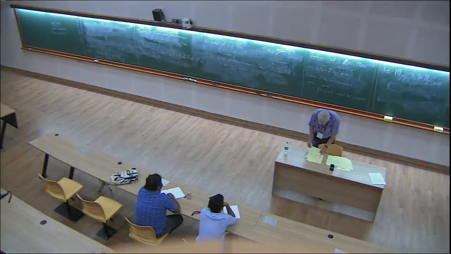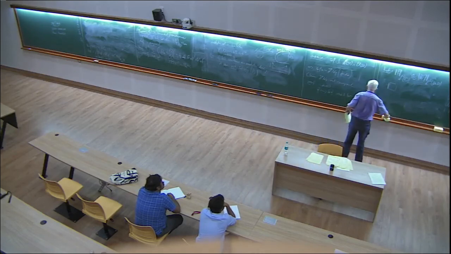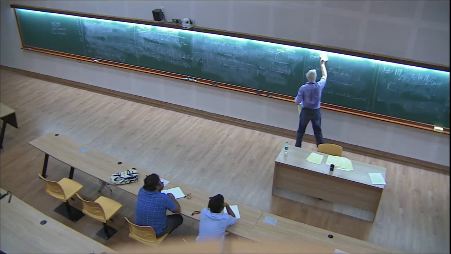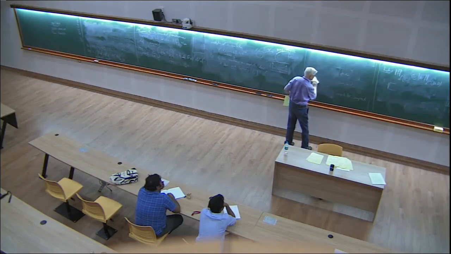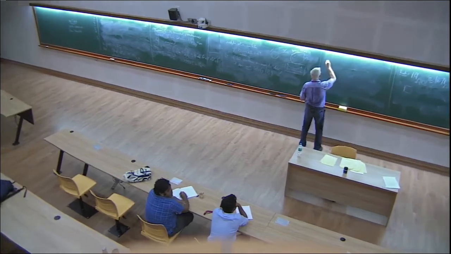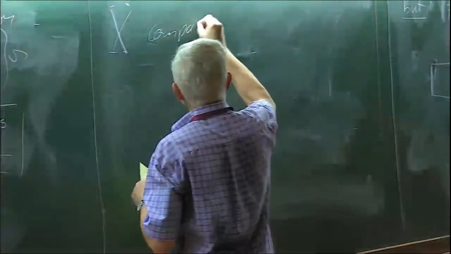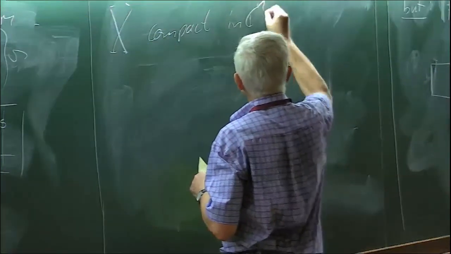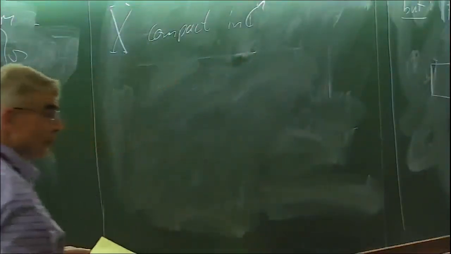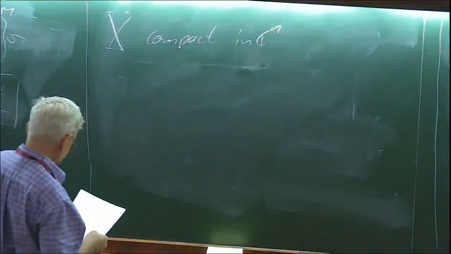Okay. Let me take a couple of minutes to do one more thing. For now, X is just a compact subset. Typically, X is going to be the boundary of our domain, but for now, this is general.